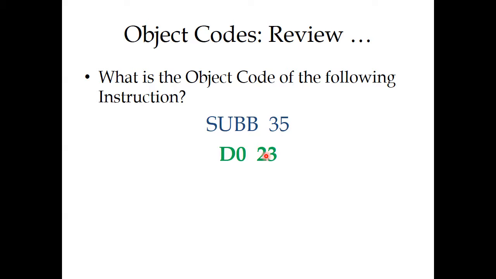The 35 is decimal, so we convert it back to hex, which is 23. And we wrote 23 in 1 byte because column 6 said to write it in 1 byte. You might be wondering, how can I write 23 in 2 bytes? You can always add additional zeros in front to make it 2 bytes, if you have to. Now, let's look at our next example.